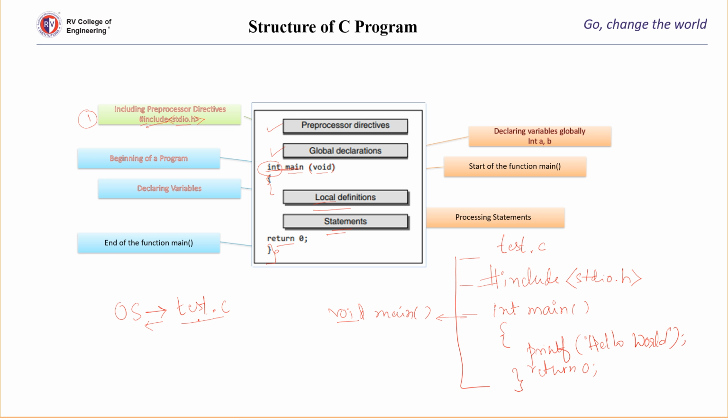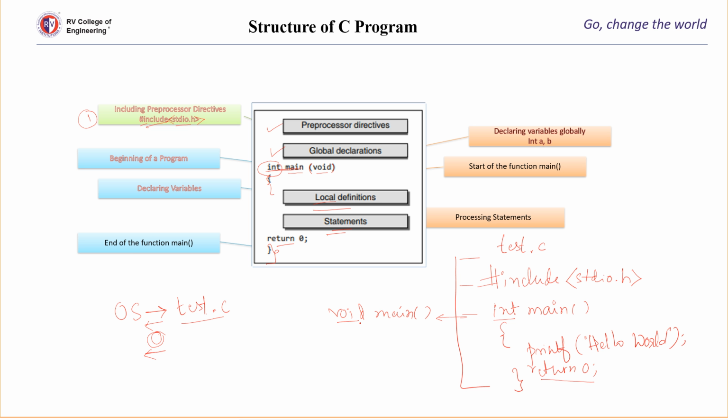Now it depends upon how the programmer has coded this test.c, whether he wants to return something to the operating system or not. In case he wants to return some value, let it be 0 also, he includes this return statement with int. He wants to return back this value called 0.